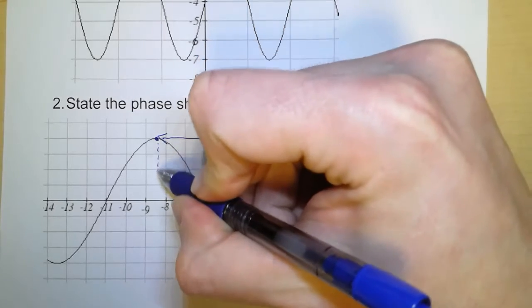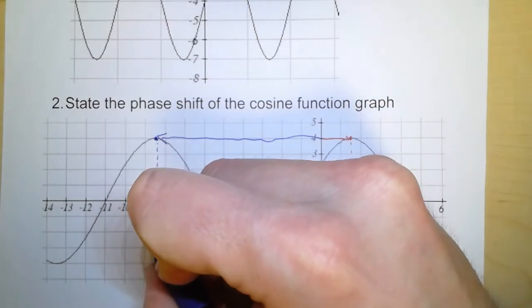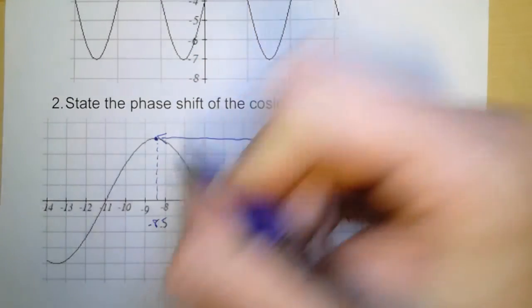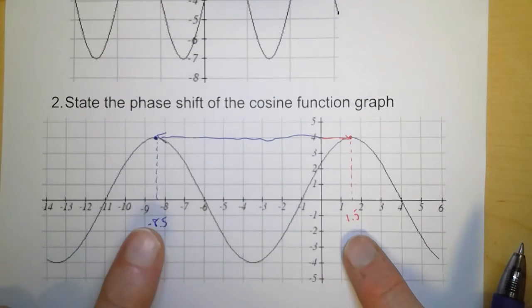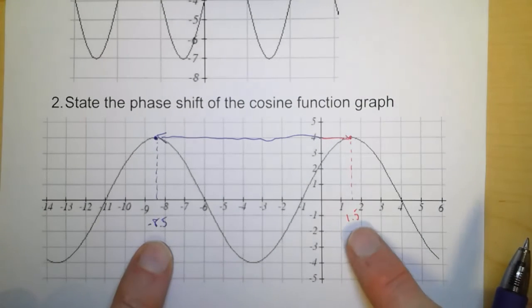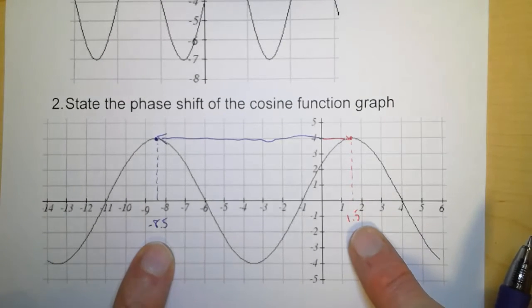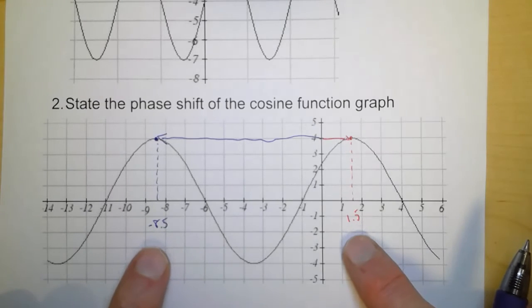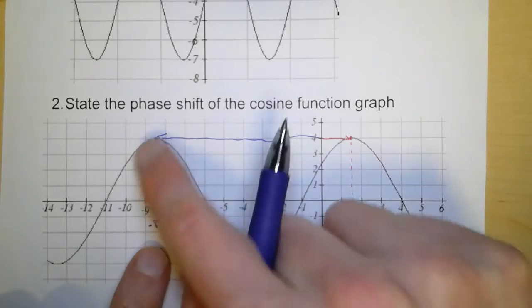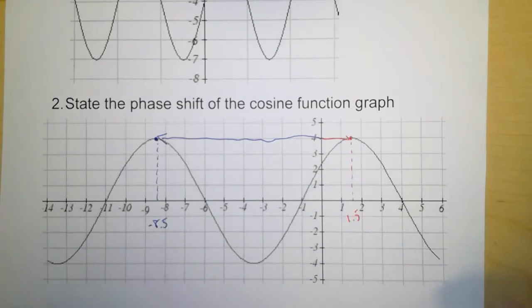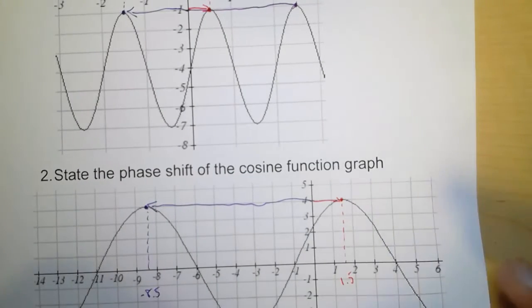And that happens to be halfway between negative 8 and negative 9. So that's negative 8.5. So our phase shift could either be negative 8.5 or it could be 1.5. The other thing to note is because they are 10 apart, that tells us that the period length from here to here is 10 for this function.